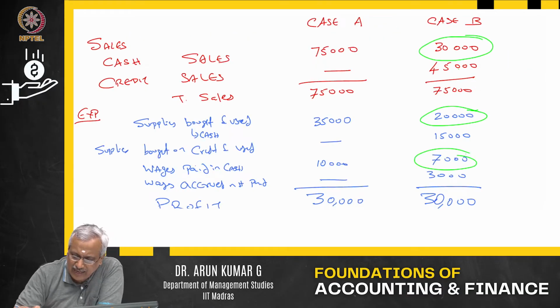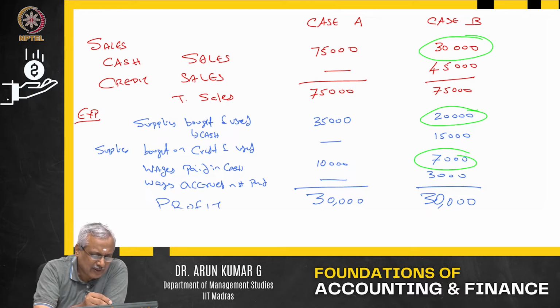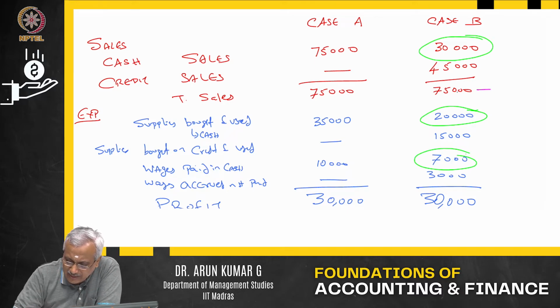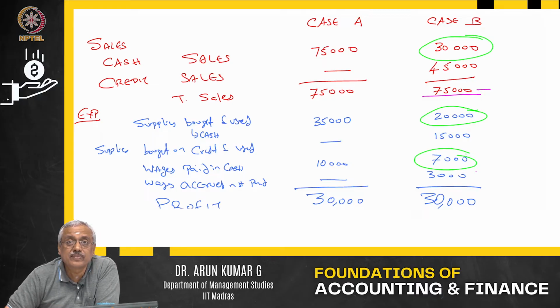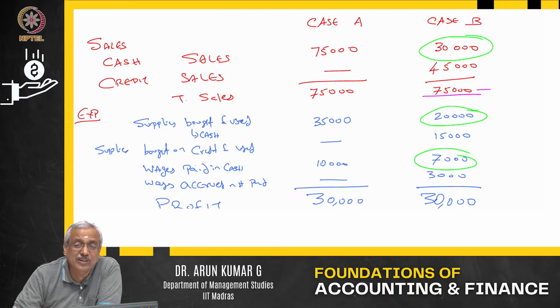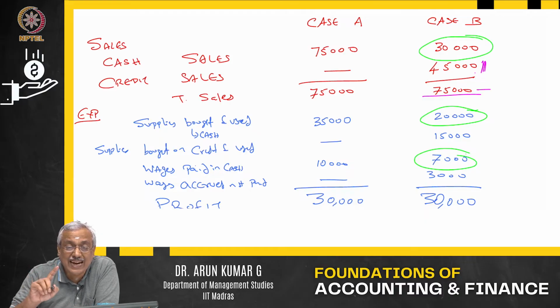Profit is basically your total sales minus your total expenditure. In the sales of 75,000, 45,000 of credit sale is also included, which is not a cash receipt.